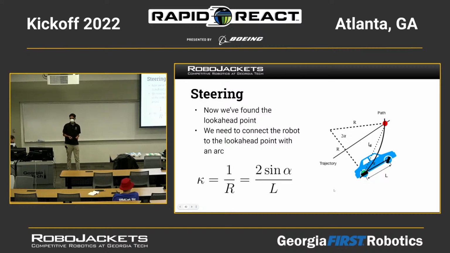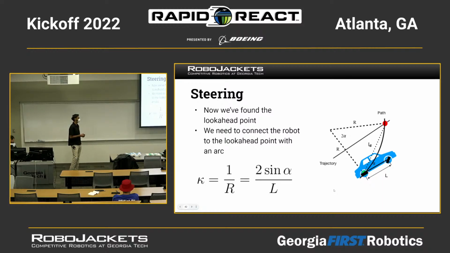So now that we know where the look-ahead point is, we need to start with step 2 of the pure pursuit algorithm. And step 2 is actually steering the robot into the location of the look-ahead point. So we start with the robot right here, and we have to draw an arc which connects the look-ahead point to the robot.